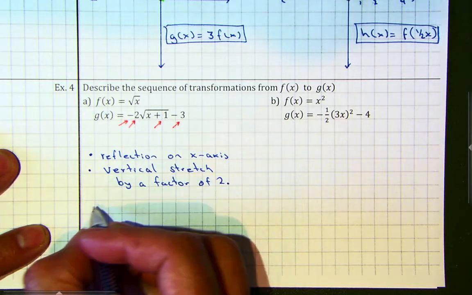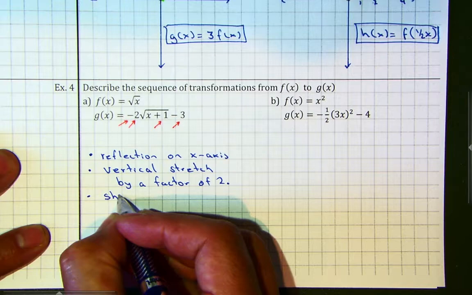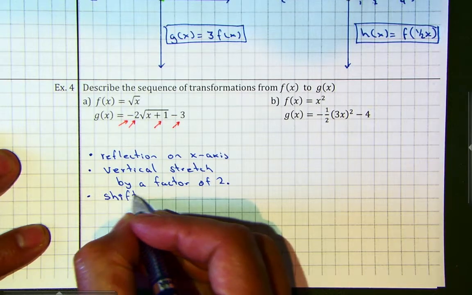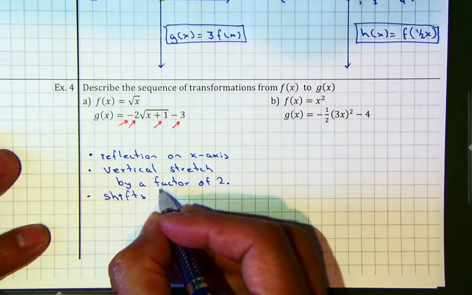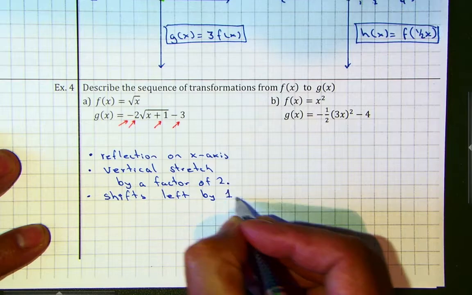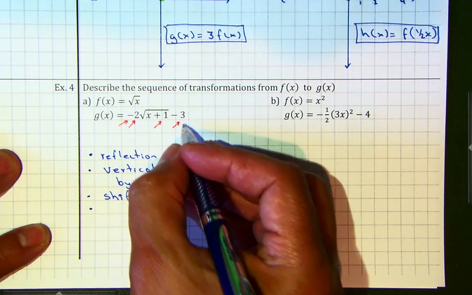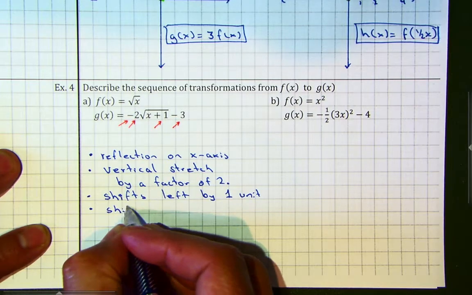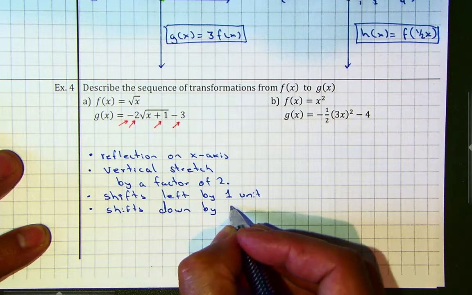The 1 is going to be shifts left by 1 unit. And the last one will be shifts down by 3 units.